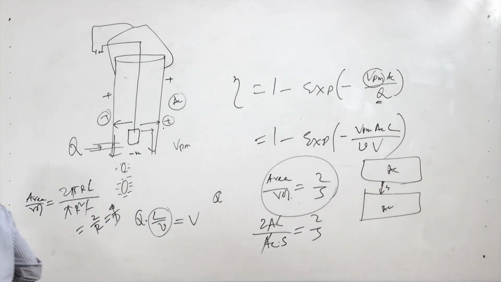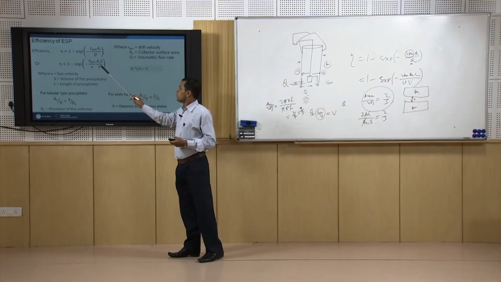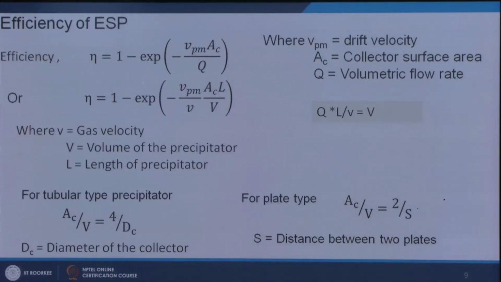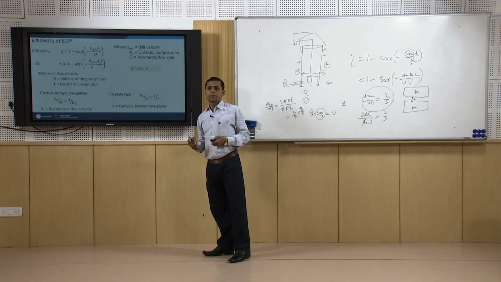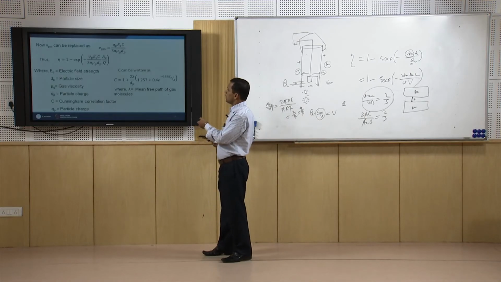So, AC by V equals 4 by D for the tubular case and AC by V equals 2 by S for the plate case. By the geometry and dimensions of the precipitator, we can get the value of AC and calculate the performance.